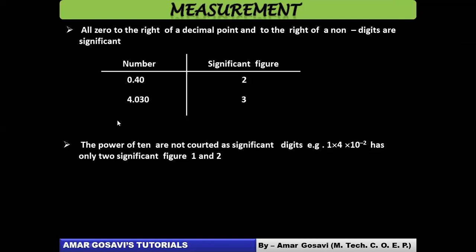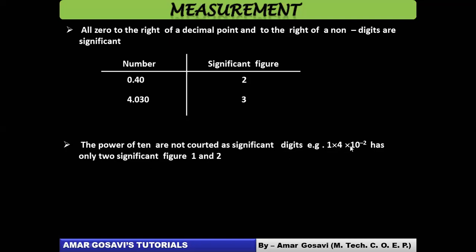The power of 10 are not quoted or considered as significant digits. Like, say, for example, 1.4 into 10 raised to minus 2 has only two significant figures. Okay, 1 and 4 actually. It's not 2, but 1 and 4.